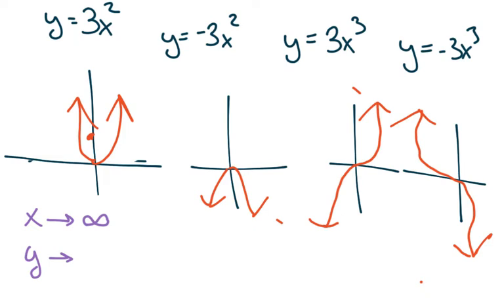If x goes to infinity, where's the graph? If I went way out here to infinity, it's never ending. Where is it? Infinity. It's way up there. So the y value, as you go way over this way, it's way up here at positive infinity. So as x goes to infinity, y goes to infinity.